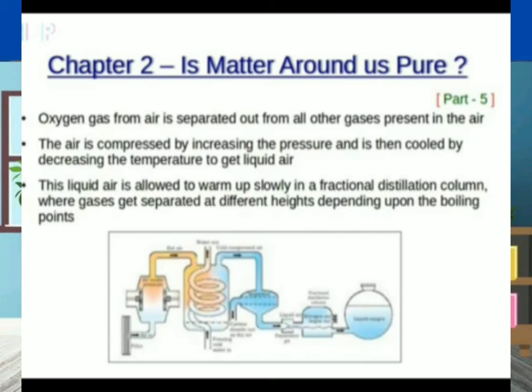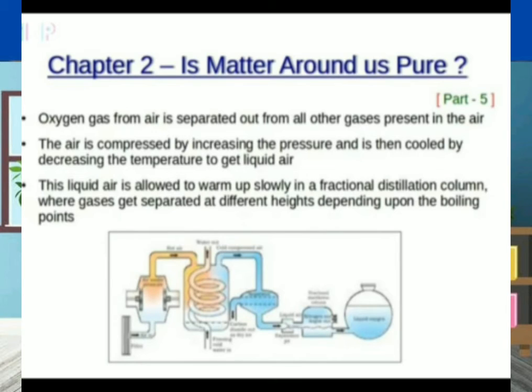The air is compressed by increasing pressure and cooled by decreasing temperature, and the gaseous air changes into liquid air.